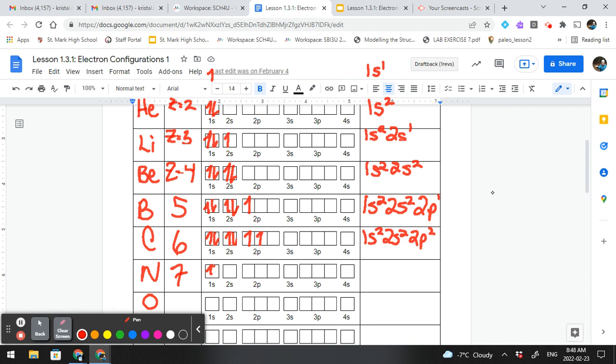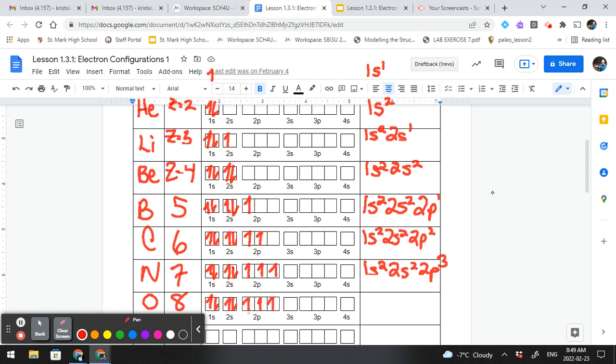Nitrogen with its 7. Again, I don't spin pair them first. Instead, I fill the separate orbitals first. 2p3. Then moving on to oxygen. Oxygen has 8 electrons.